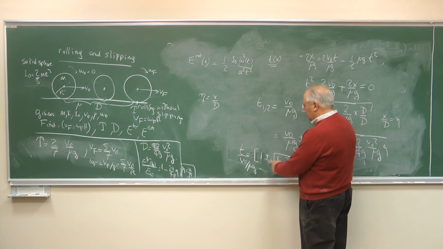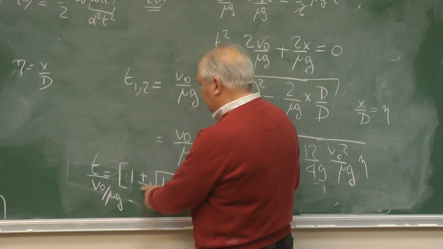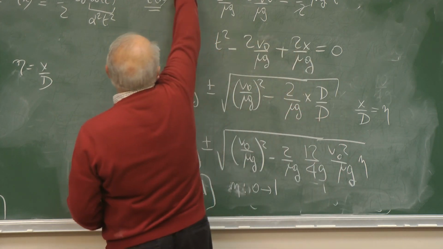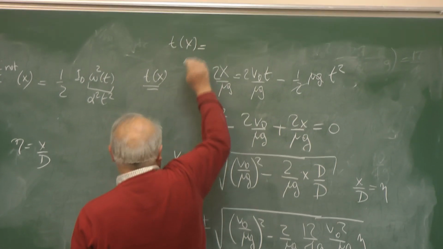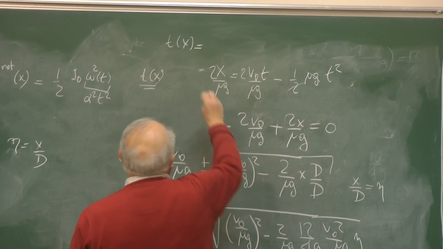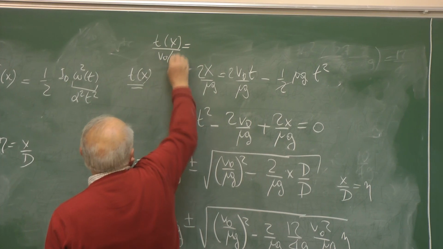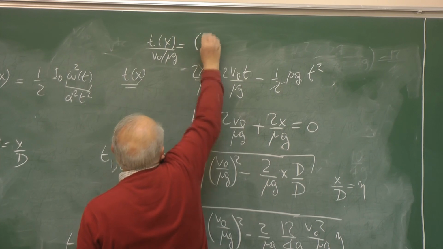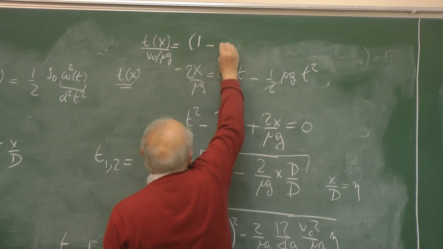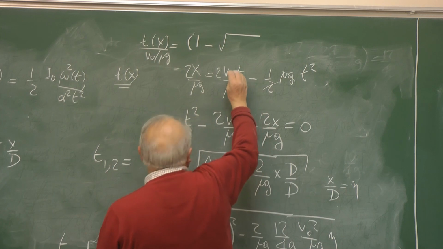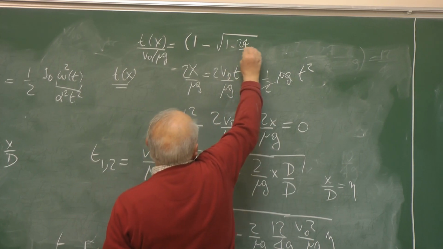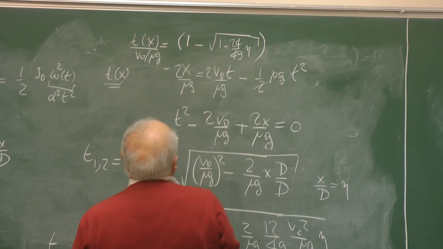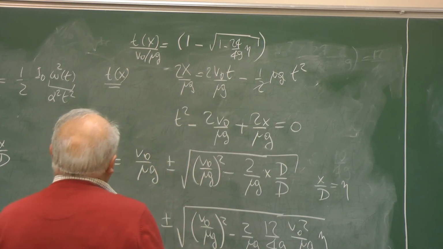We must take the one that gives 0, that's the minus. So we found t of x. Let me write here, t of x over v0 over mu g is equal to 1 minus square root of 1 minus 24 over 49 eta. That's our t of x.